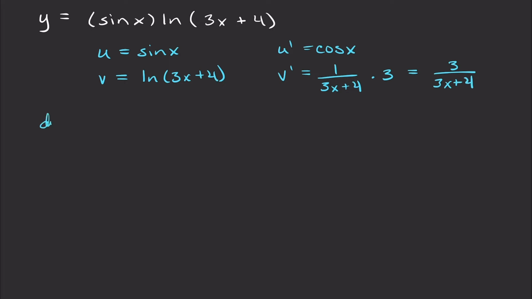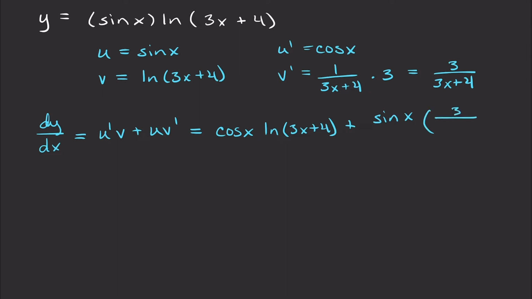And now, to get my derivative, I'll just plug into my product rule. So the derivative of the first times the second, plus the first times the derivative of the second. And I will get u prime, which is cosine x, times v, which is the natural log of 3x plus 4, plus u, which is sin x, times v prime, which is 3 over 3x plus 4.